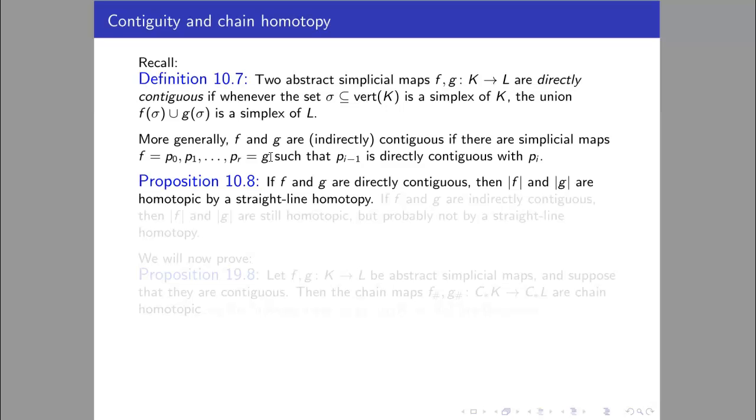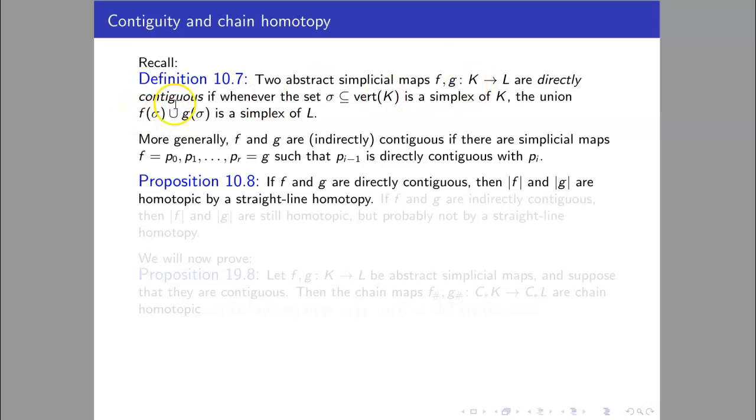One basic point about this is that if F and G are directly contiguous, then the geometric realization of F and the geometric realization of G, two different maps from the geometric realization of K to the geometric realization of L, are homotopic. In fact, they're homotopic in the most obvious way, just by a straight line homotopy. The point being that if x is some point in a simplex sigma of K, then if you apply F to it, that's in the realization of the simplex F sigma.